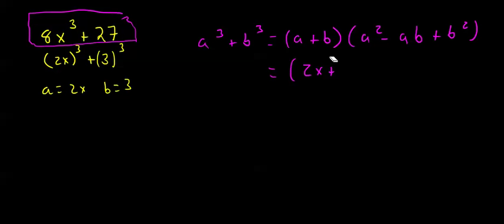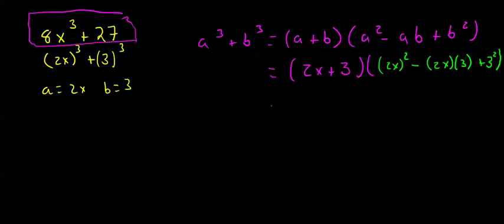B is 3. a squared is 2x squared. And I'm going to do this in 2 steps. 2x squared minus ab, a is 2x, b is 3, plus b squared, 3 squared.